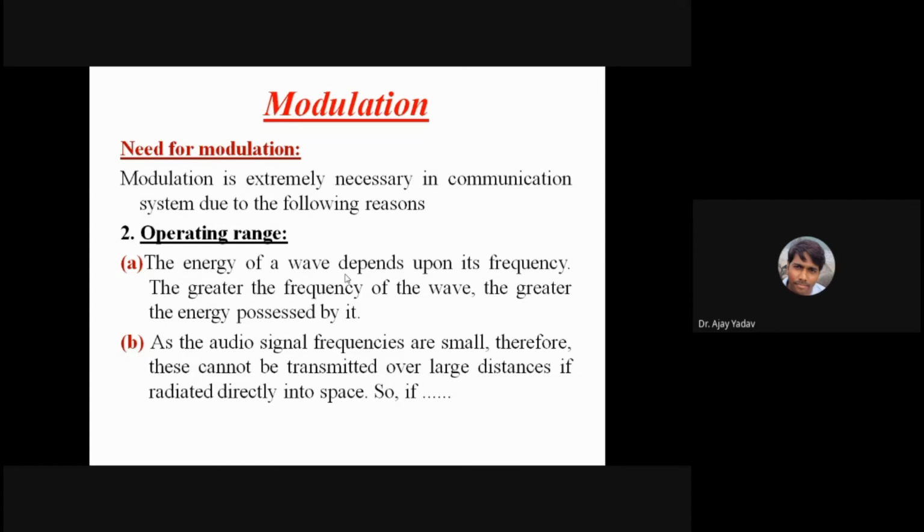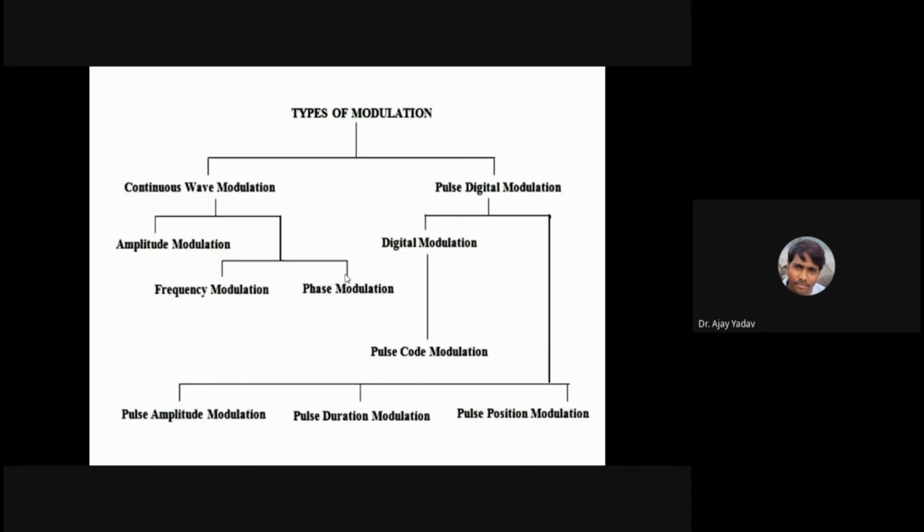In the second case, operating range, I told you here also, if you can enhance the overall frequency of the signal, you can increase the operating range. So in both cases, if by some technique you enhance the frequency of the signal, that technique is modulation. Modulation is the technique where you try to enhance the overall frequency of the signal.